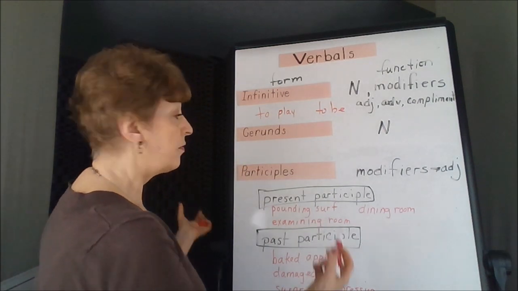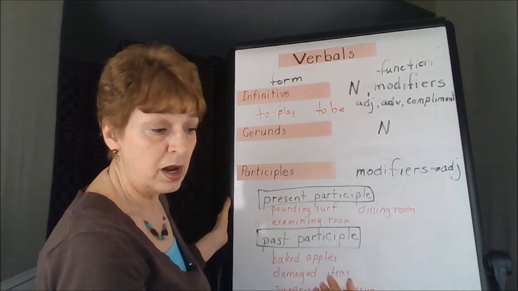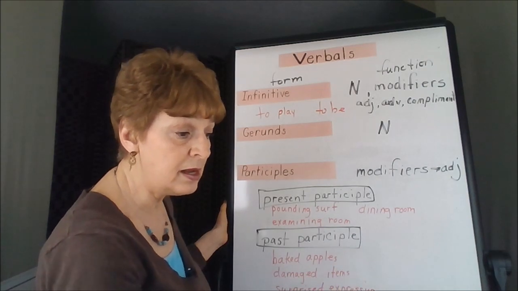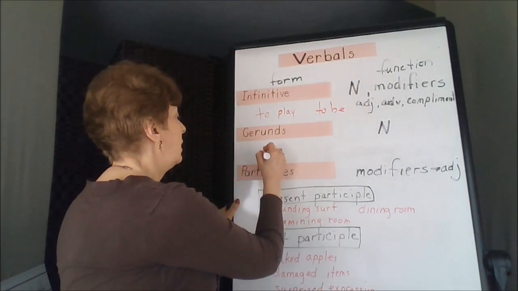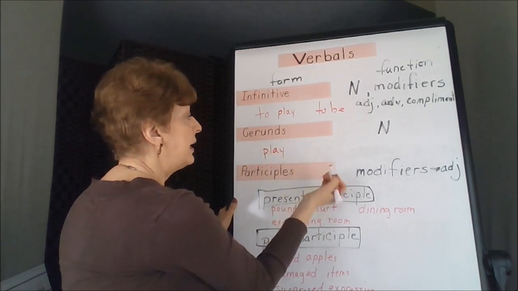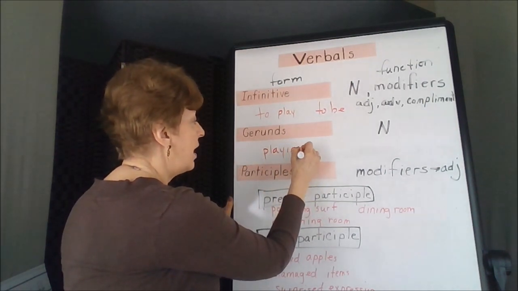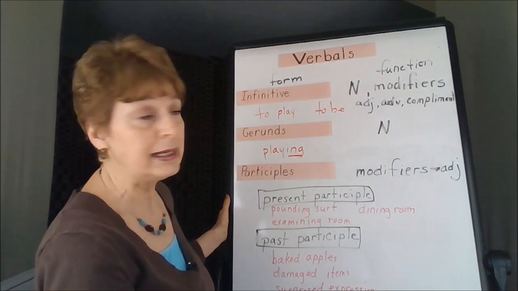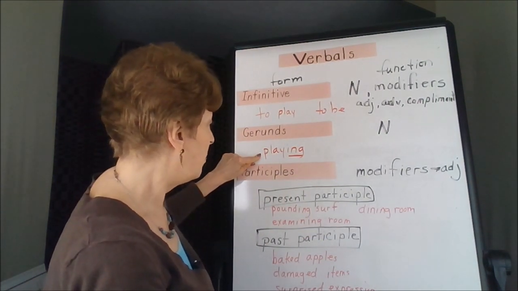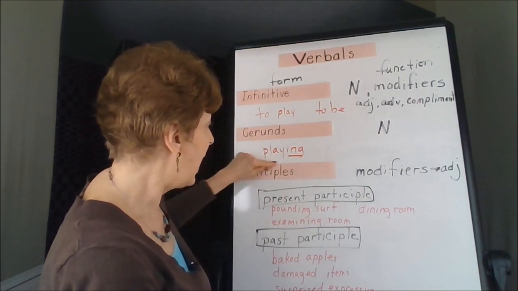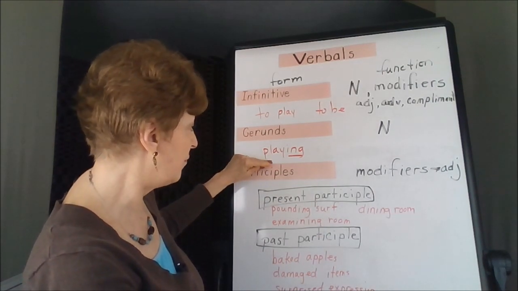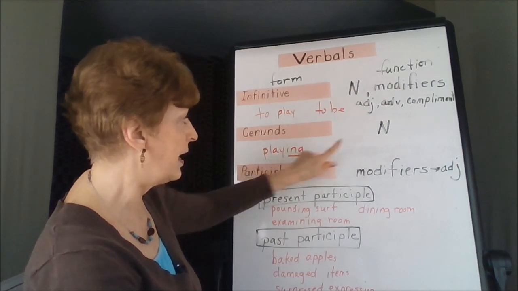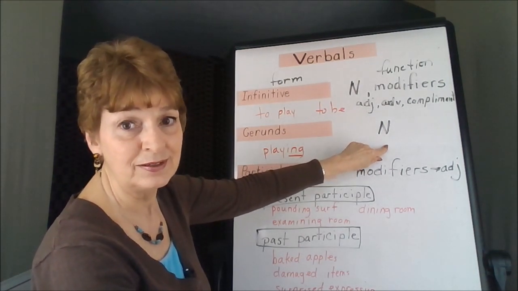Gerunds are verb parts, words that you would normally think of as being verbs, like play, but it has an ing form. It's the ing form of it. But playing is not a verb in this sense. A gerund is a verbal with an ing on it that functions as a noun.